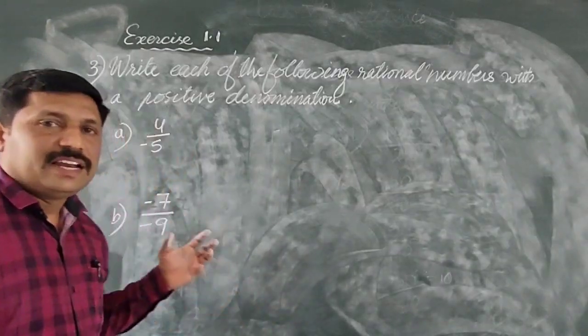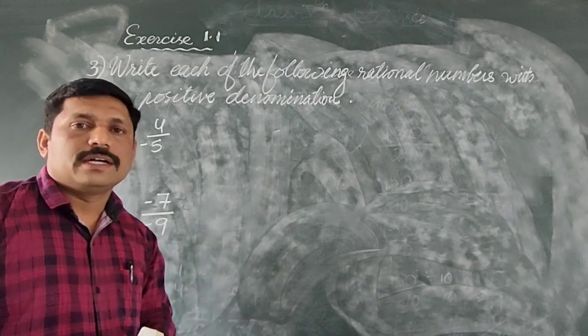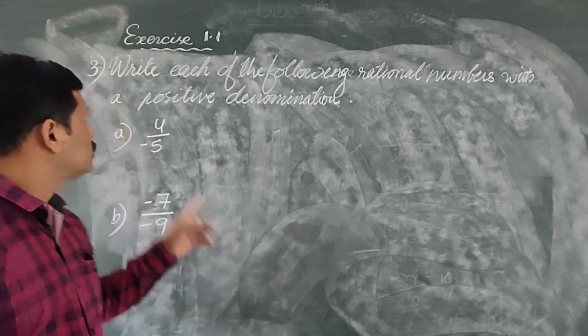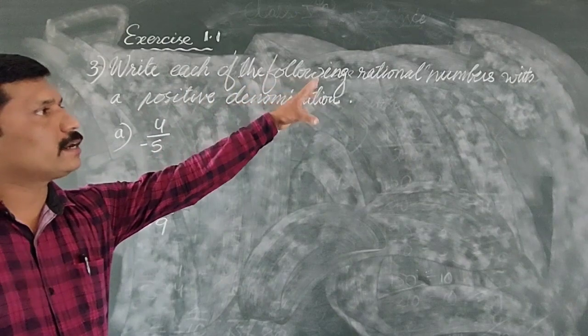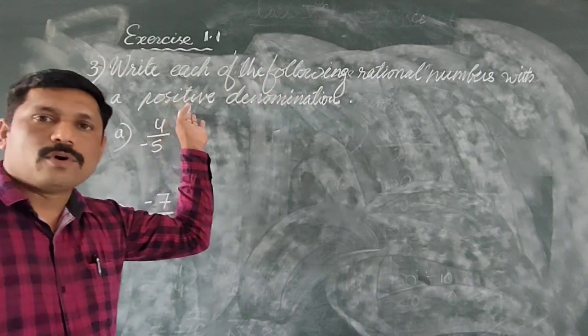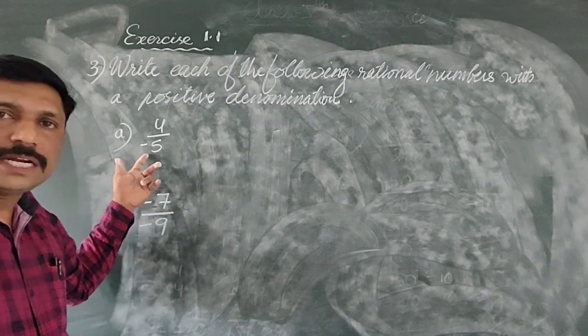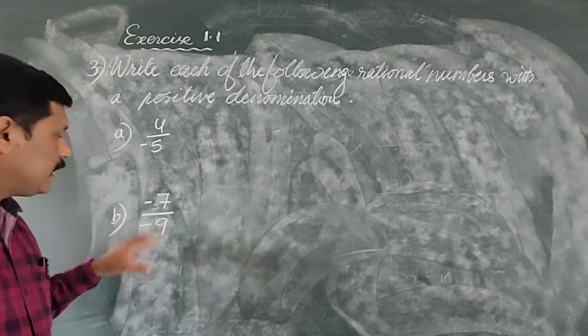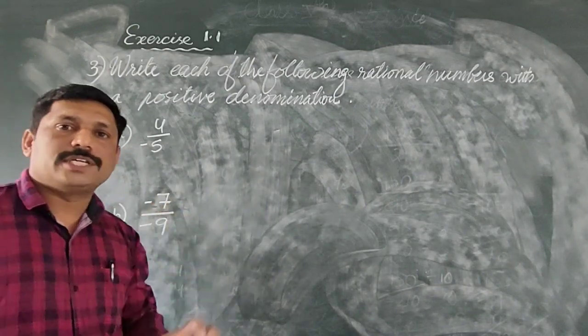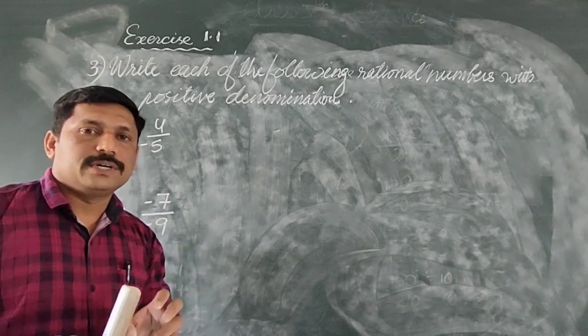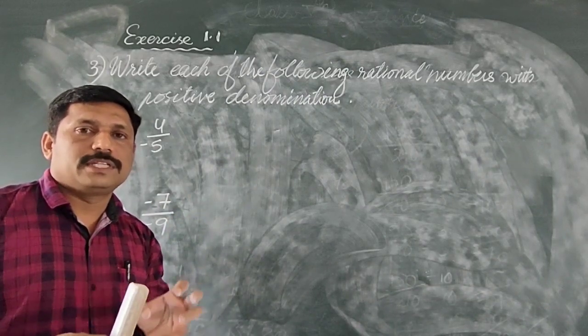Now students, let us see how to solve the third question. The third question is: write each of the following rational numbers with a positive denominator. Here, these rational numbers have negative denominators. We have to change them into positive denominators.